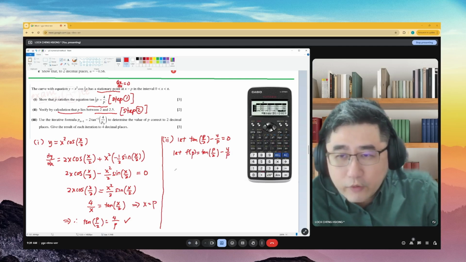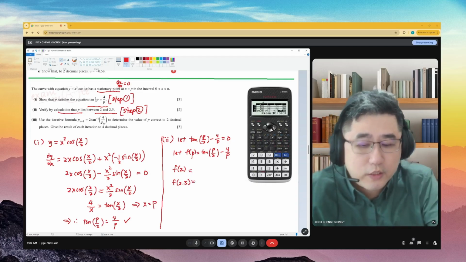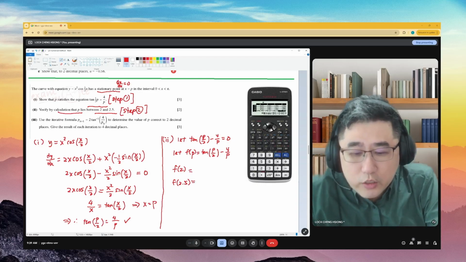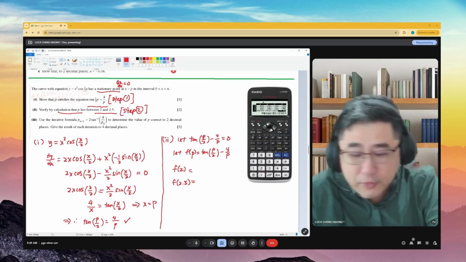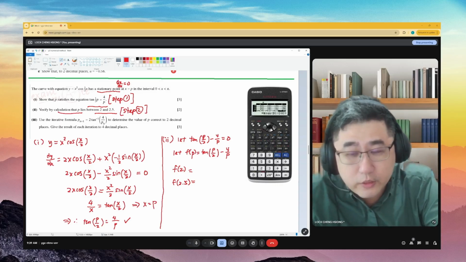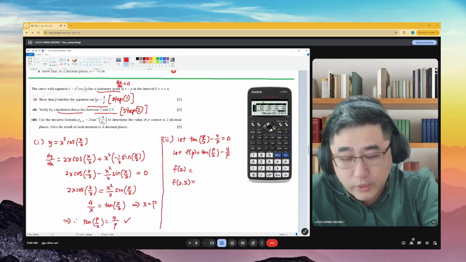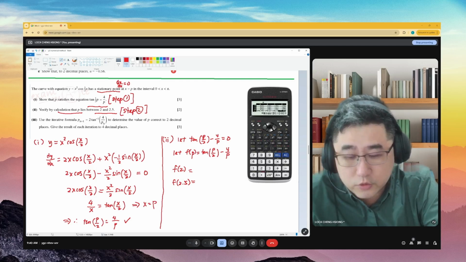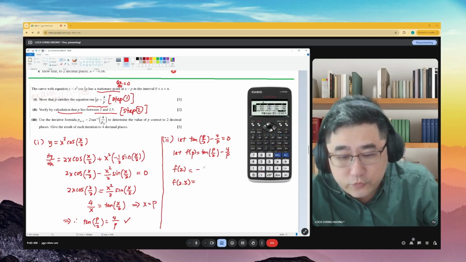Then after that I substitute f of 2 and f of 2.5 into the calculator. Don't forget this is a trigonometry question, therefore I need to change it into radian mode. I key in tangent of x over 2 minus 4 over x. Calculating 2, I have negative 0.443.